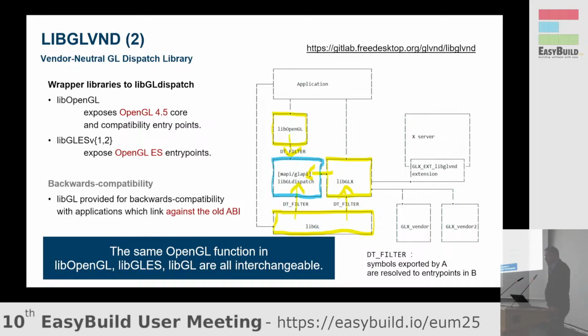This is only the view of GLX, not EGL and some extras, but to keep it simple, one can see that the application can access the same OpenGL functions through libOpenGL, libGLES, and, if it's an old application, it can still go through libGL. So there's no compatibility breaking; applications which directly access libGL are still supported.